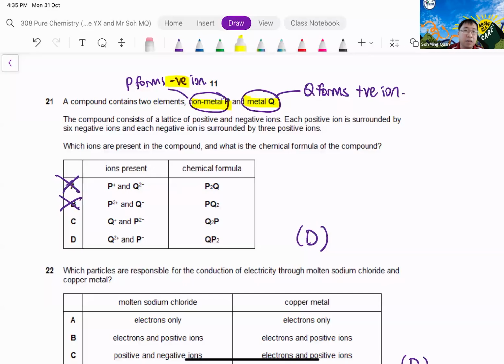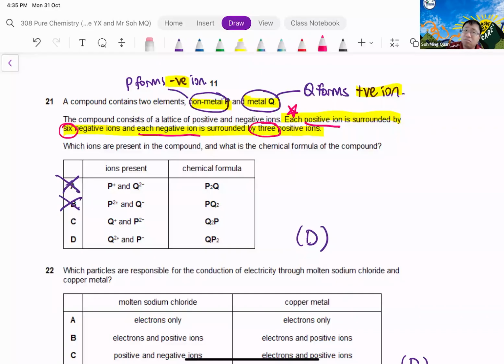It cannot be A and B because the non-metal P must form negative ion. Next, metal Q must form positive ion. Okay, so now let's look at the next sentence. Obviously, this is the key. Each positive ion is surrounded by 6 negative ions, but each negative ion is only surrounded by 3 positive ions.